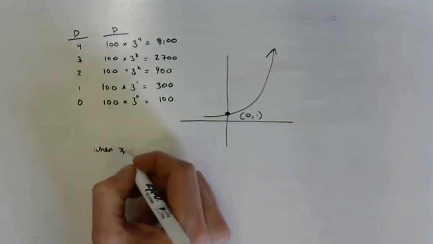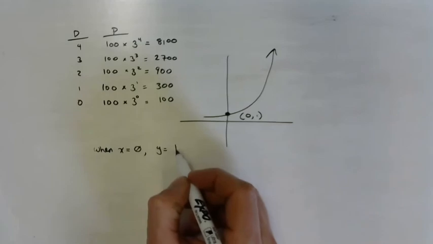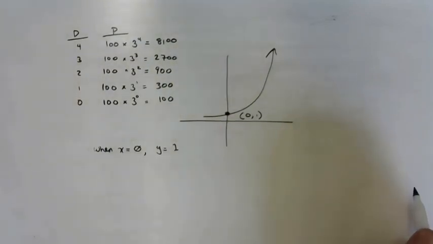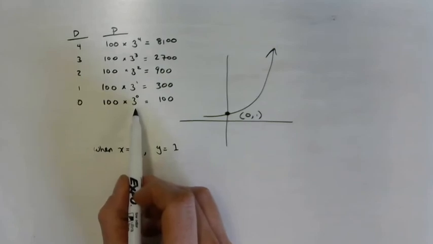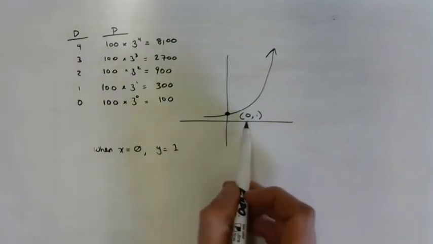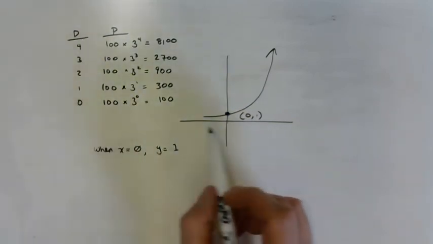When x equals 0, when the exponent is 0, y equals 1. In this case, it's been multiplied by 100, so it actually goes through 0, 100. This one right here is 0, 100.